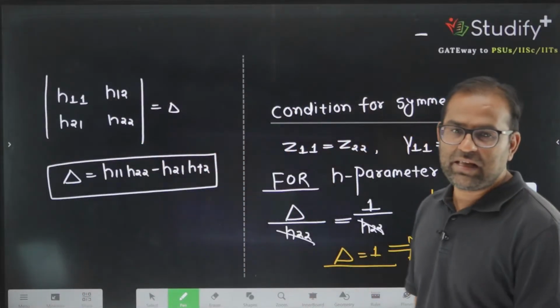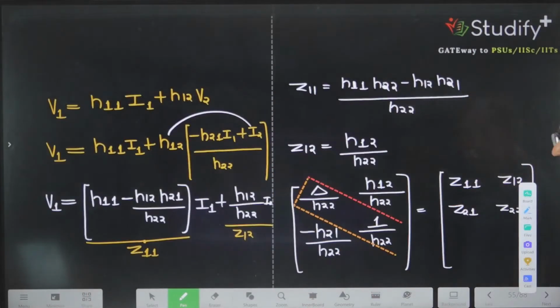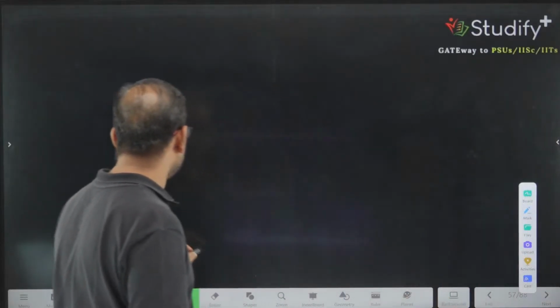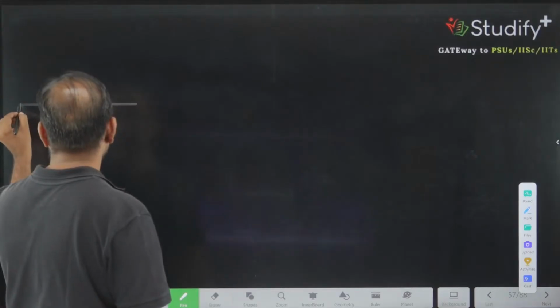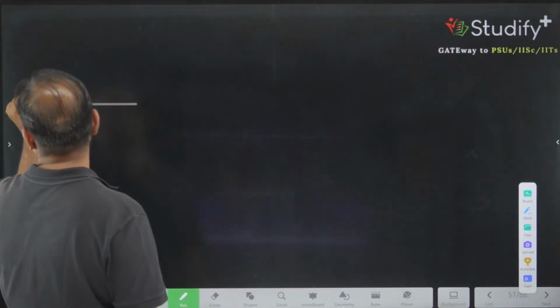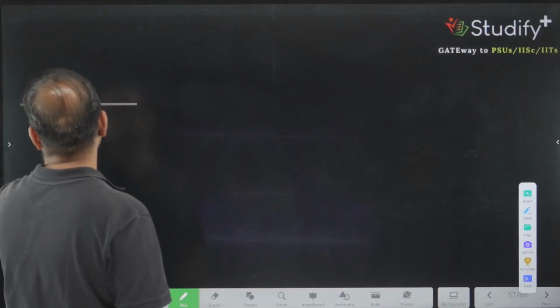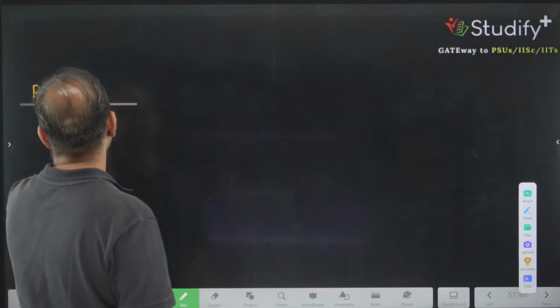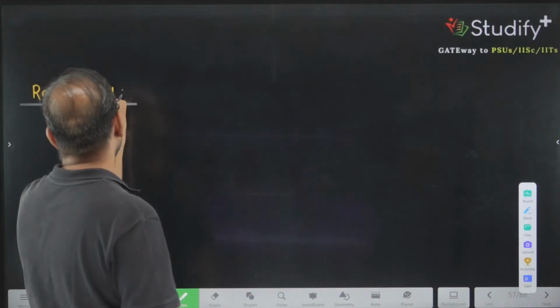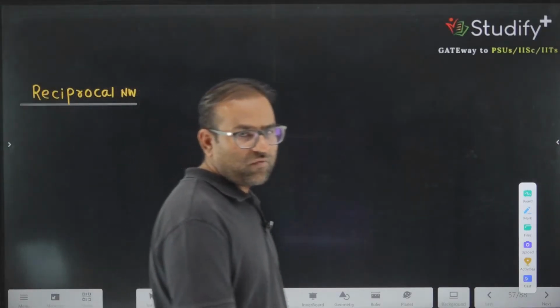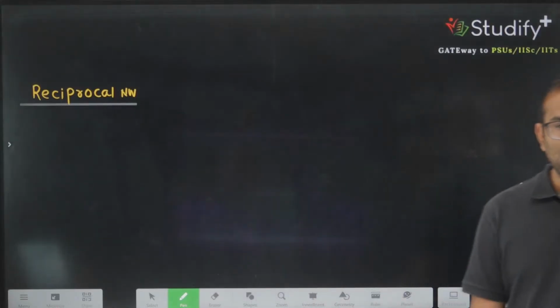Next we have the condition for reciprocal network using H parameter. The condition for reciprocal network. And what is reciprocal?